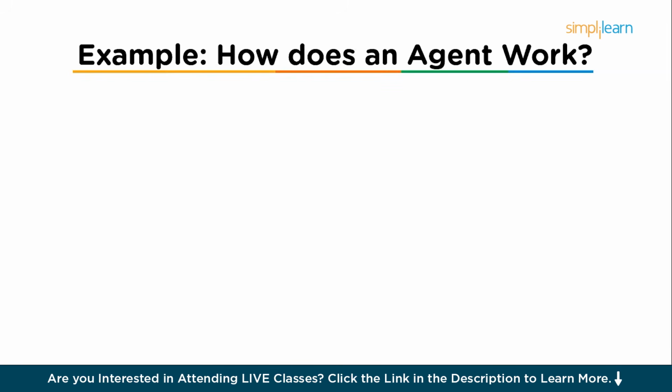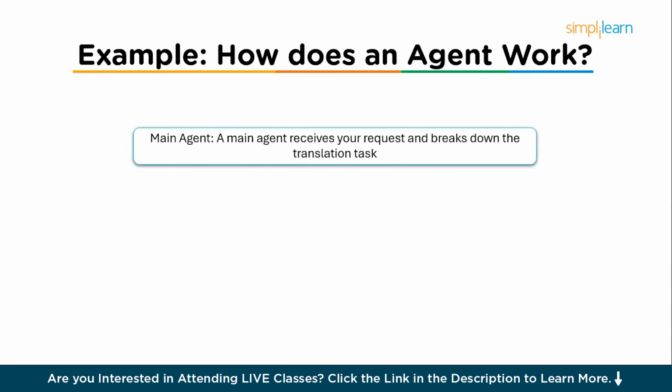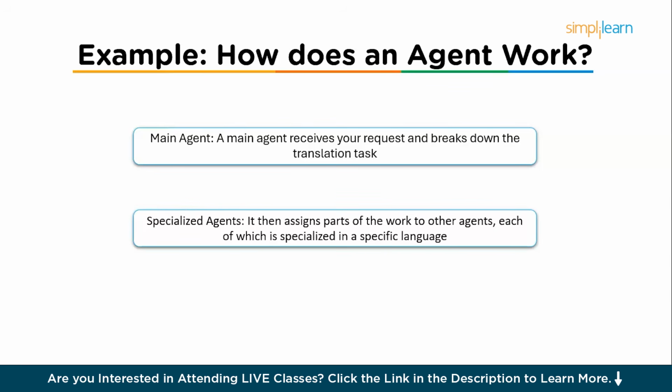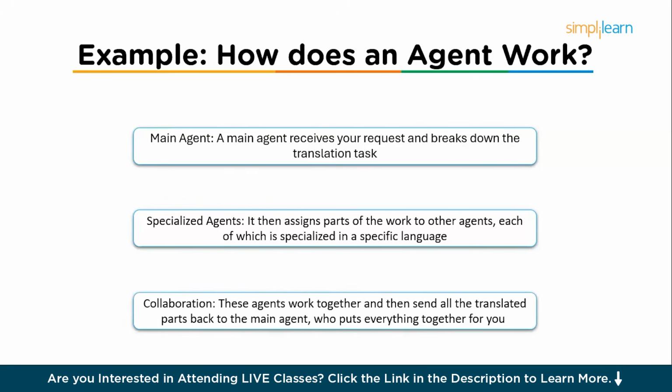Let's see an example. Imagine you want to translate a document into several languages. The main agent is the first step. A main agent receives your request and breaks down the translation task. Then come specialized agents. It assigns parts of the work to other agents, each of which is specialized in a specific language. Then comes collaboration.